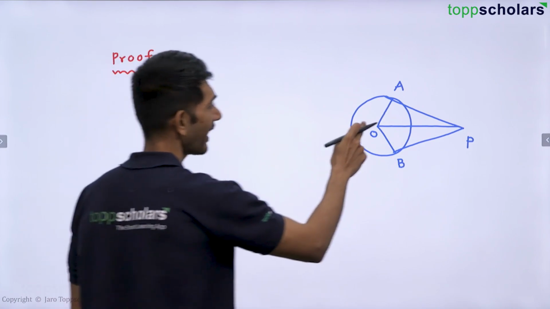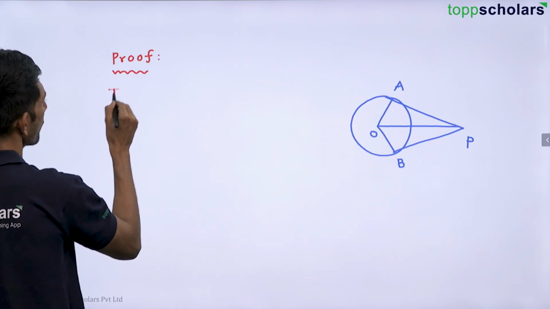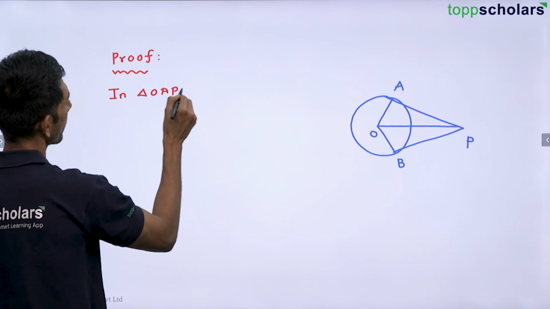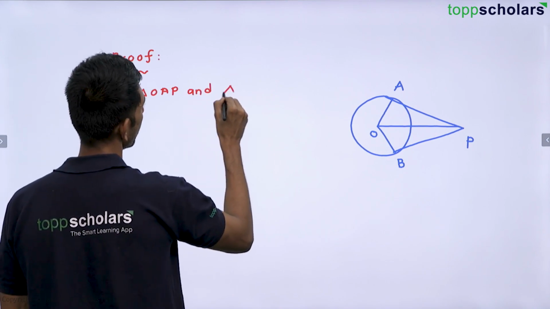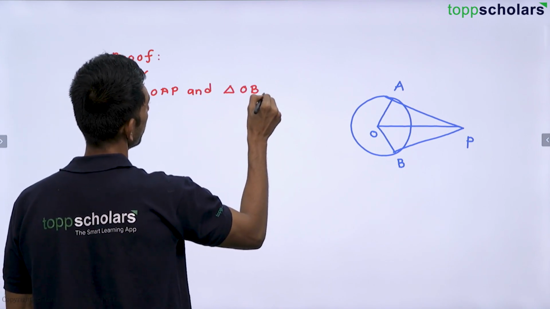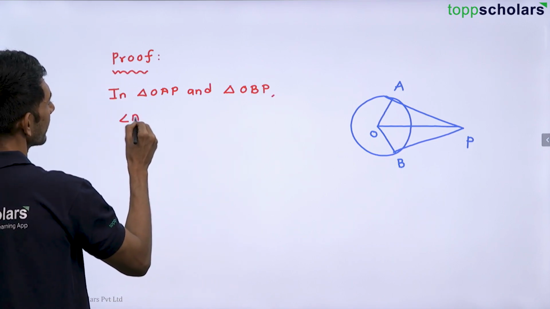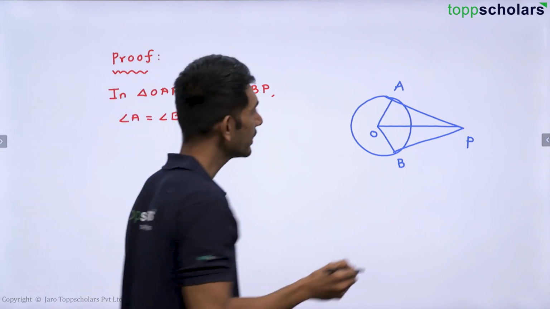So I can say in triangle OAP and triangle OBP, can I say angle A is equal to angle B? See, these two angles are going to be equal, right?